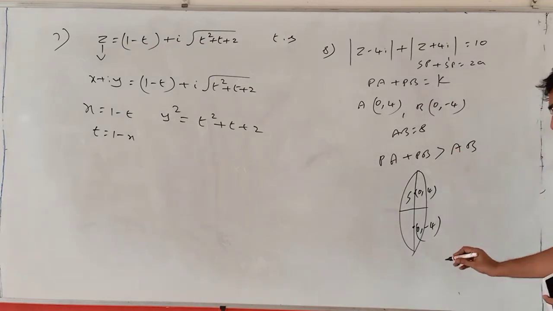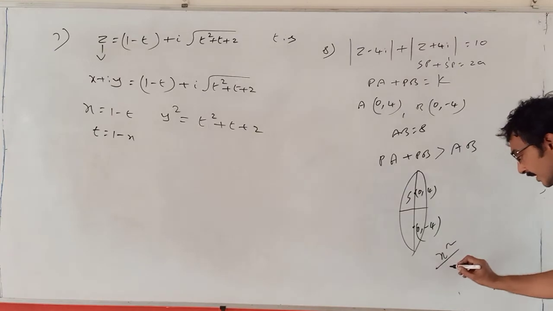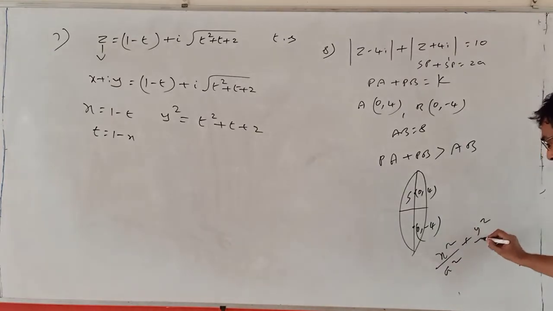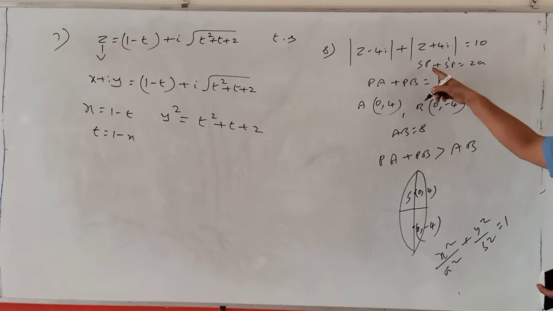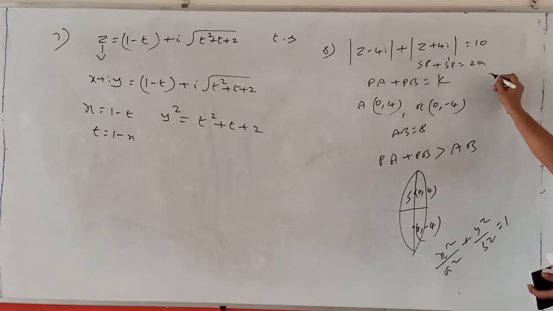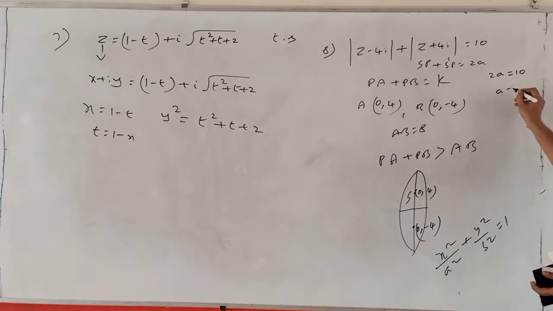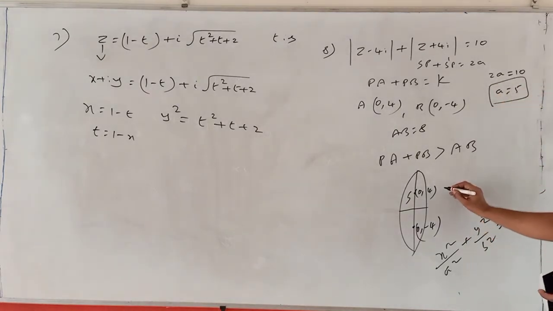The equation of the ellipse formula is x²/a² + y²/b² = 1. Clearly, by comparing this with SP + S'P equal to 2a, the value of 2a is 10, so a equals 5. What is the actual formula for the foci? (0, ±b). So by comparing, b equals 4.